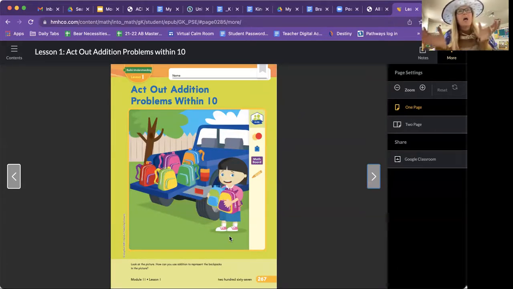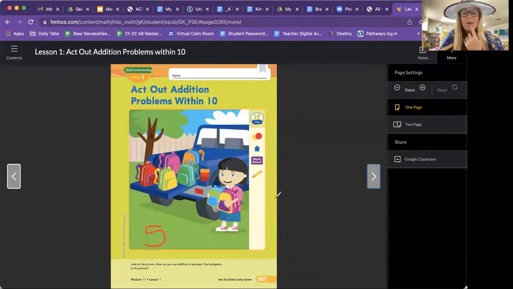Addition, is that adding to or taking away? Right, we're adding. So we're going to have two groups here. Let's see. How many are in the truck? Okay, that's a good answer, 5. There are 5 in the truck.